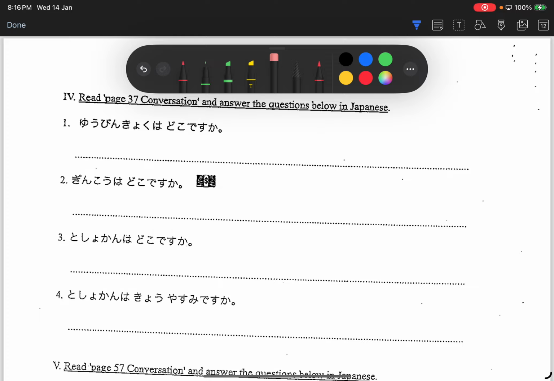Okay, number 2. 銀行はどこですか? Yes, Ian. 銀行は郵便局の隣です。 Okay, so how do we know from the fourth line, right? 銀行は郵便局の隣ですね。 But we don't need to copy the ne and we don't need to copy the eto.